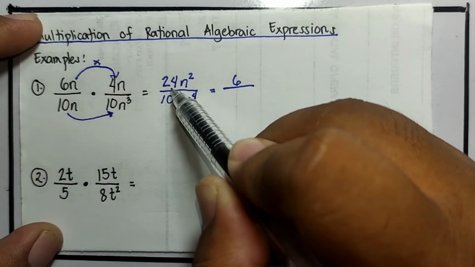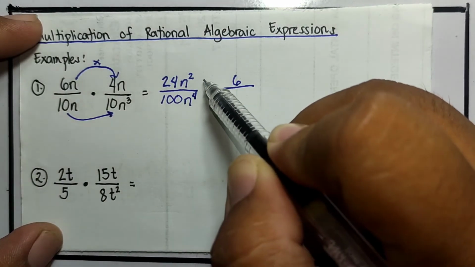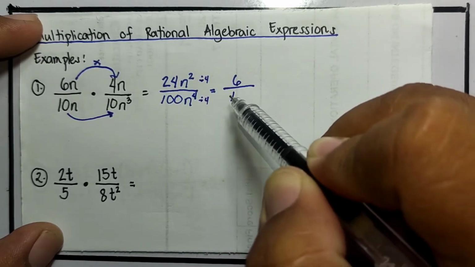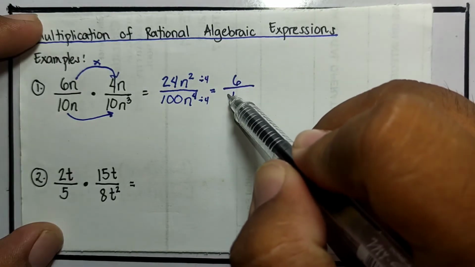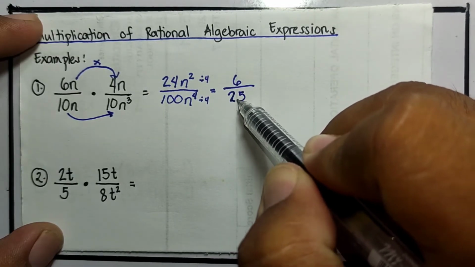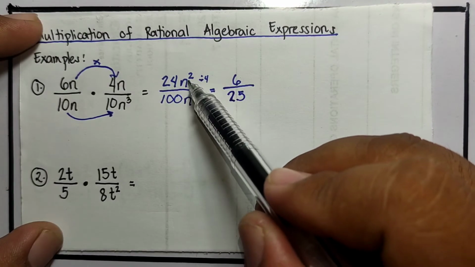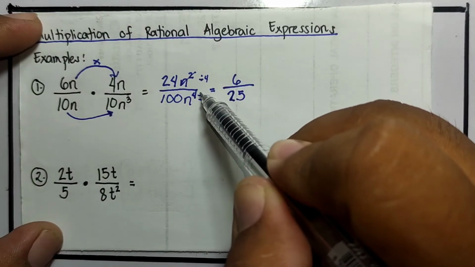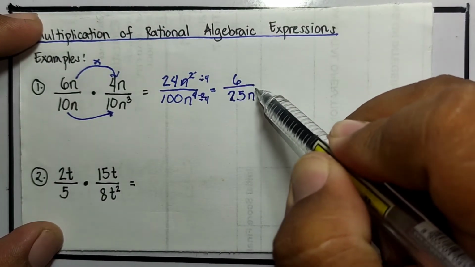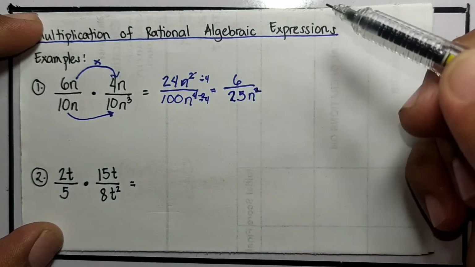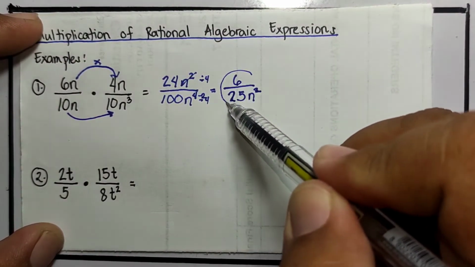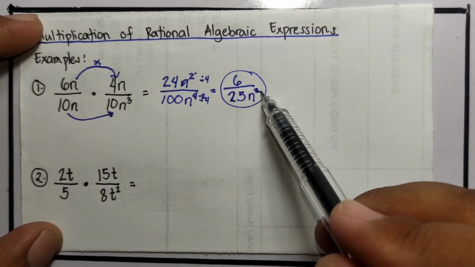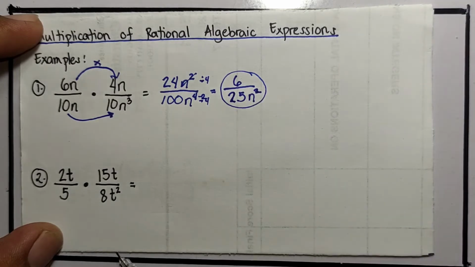Then 100 divided by 4, because their common factor is 4, is 25. Then n squared over n raised to 4, minus 2, we have n raised to 2 or n squared. And this is already the simplified one: 6 over 25 n squared.